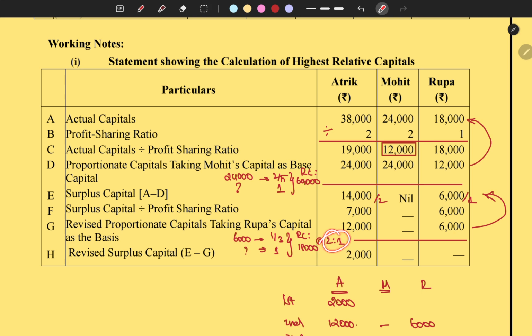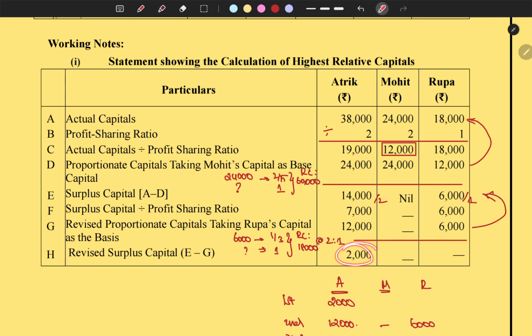We get the revised proportional capital, which is 12,000 and 6,000. Adjusting the surplus capital against the revised proportional capital, we get the revised surplus capital, which is 2,000.